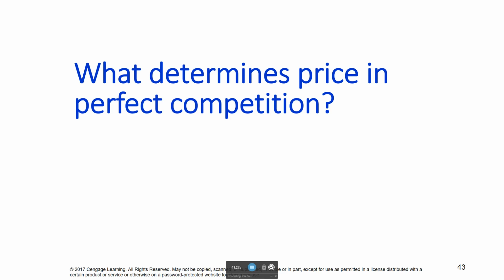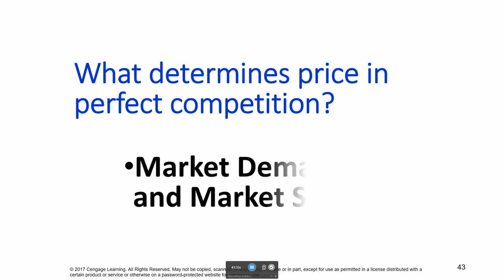The first type of market we're going to look at is what we call perfect competition. Okay? Perfect competition is a special type of market. And in perfect competition, market demand and market supply curves determine the price that a perfectly competitive firm faces, and thus that becomes its demand curve.